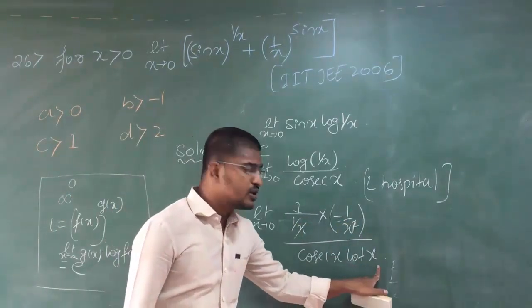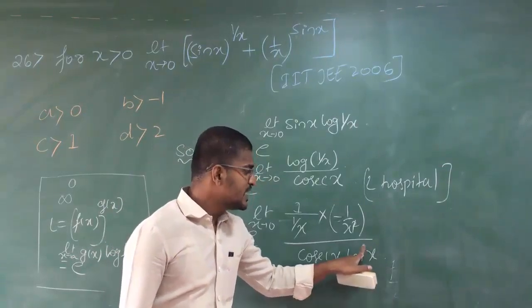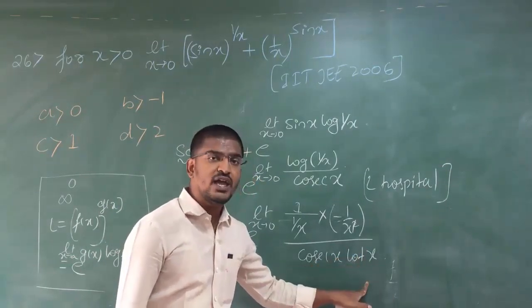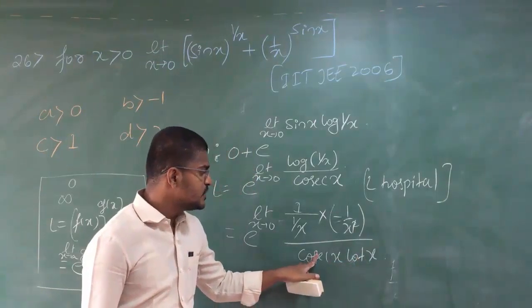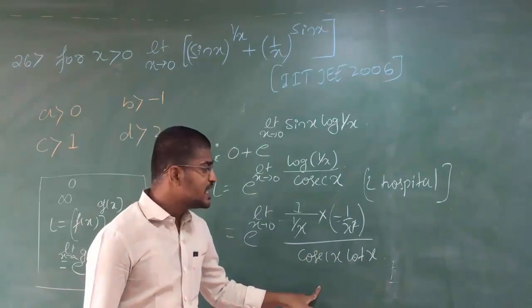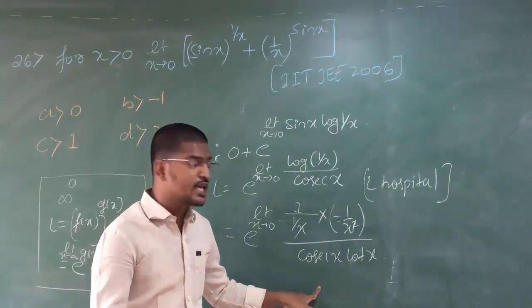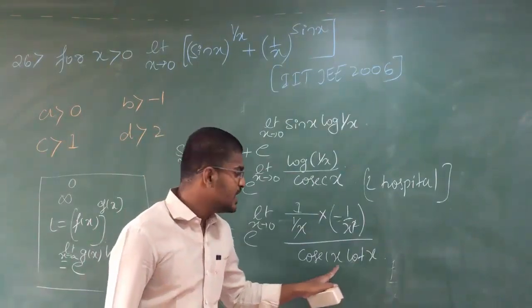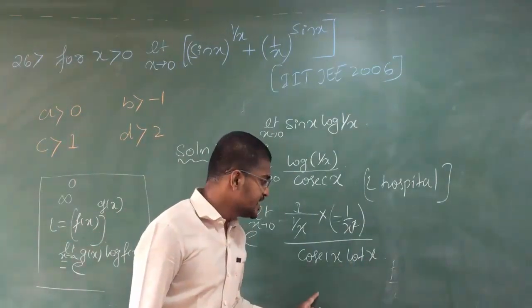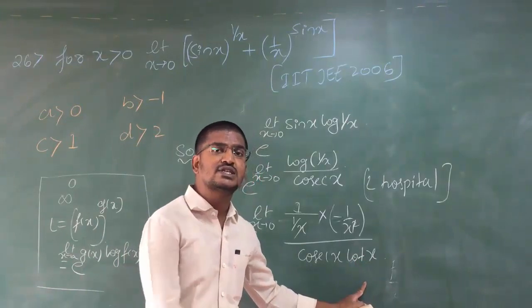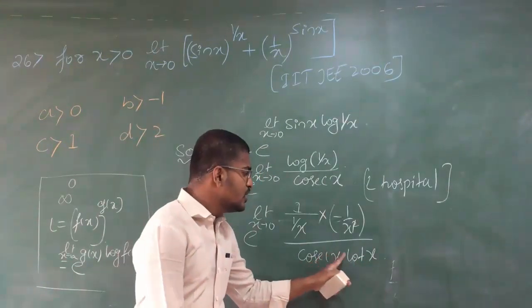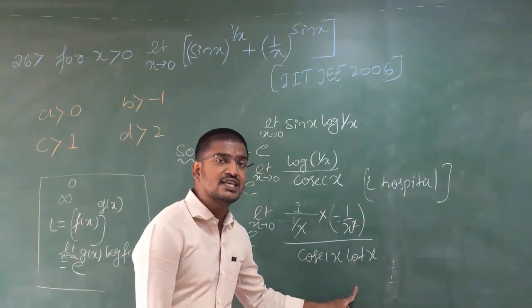Cosec x, cot x. Cot x means what? Cos x divided by sin x. Here cosec x means what? 1 by sin x. That means you have two sin, from one cosec x, another one from cot x. Sin x into sin x will be what? Sin square x. That will be cos divided by sin square x.